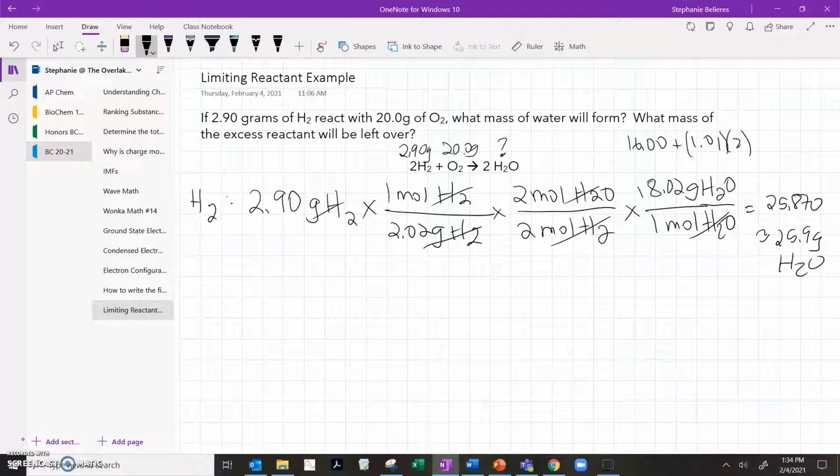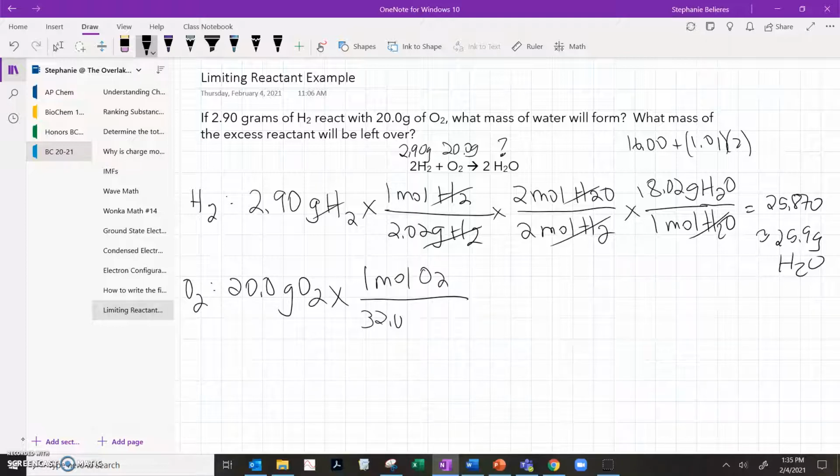So now I'm going to do the exact same thing, except I'm going to start with my 20 grams of oxygen. So a lot of this is going to look exactly the same. So this initial step is going to be oxygen. So will my stoichiometric ratio. So 32 grams. Now I am looking at 1 mole here for every 2 moles.